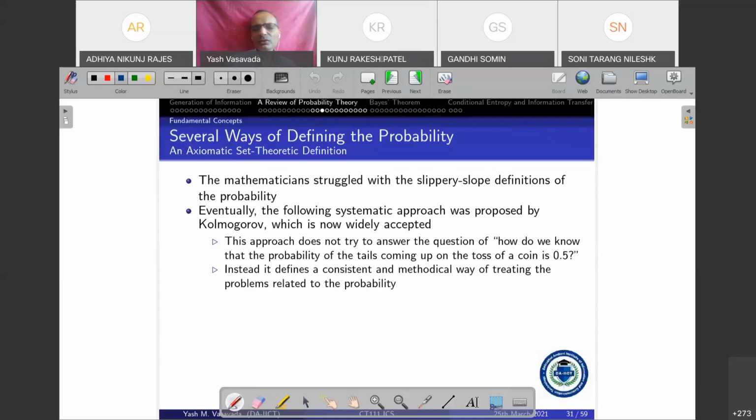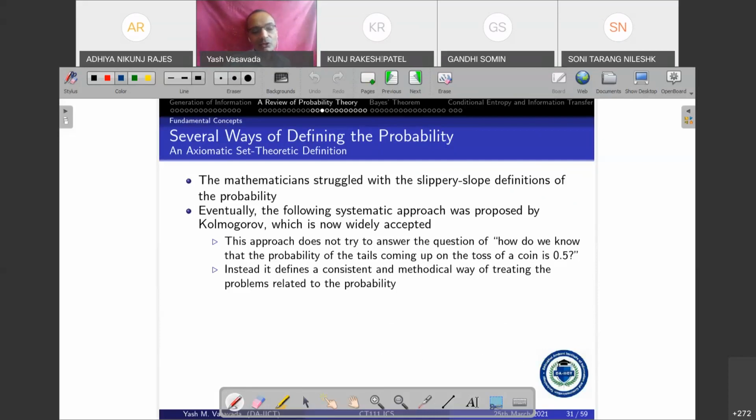And I'm not going to answer the question of how you measure or how you come up with that probability. So he said that for a particular experiment, let us say toss of a coin, the two outcomes will have some probability which we have defined earlier to be q and 1 minus q. And I'm not going to answer how you know what that value of q is.